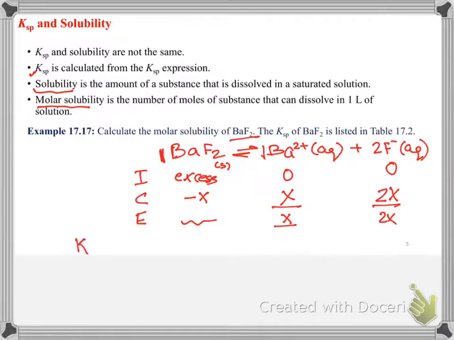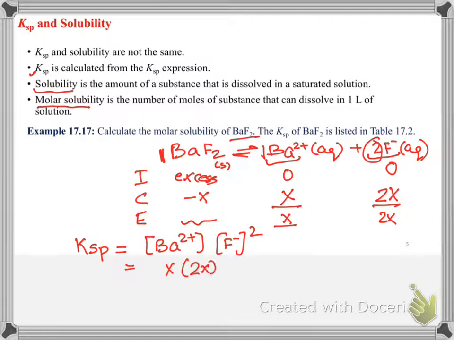Now write down the Ksp expression first. Ksp is equal to, going back to your original equation, the concentration of barium ions times the concentration of fluoride ions raised to the power of 2. Now plug in these values. Barium ion is X times 2X squared, so this will become 4X cubed. The Ksp value of barium fluoride will be given to you in the test.